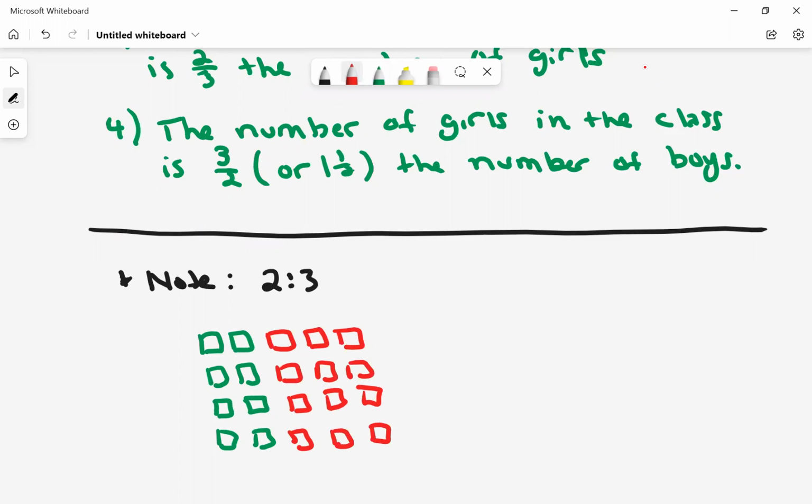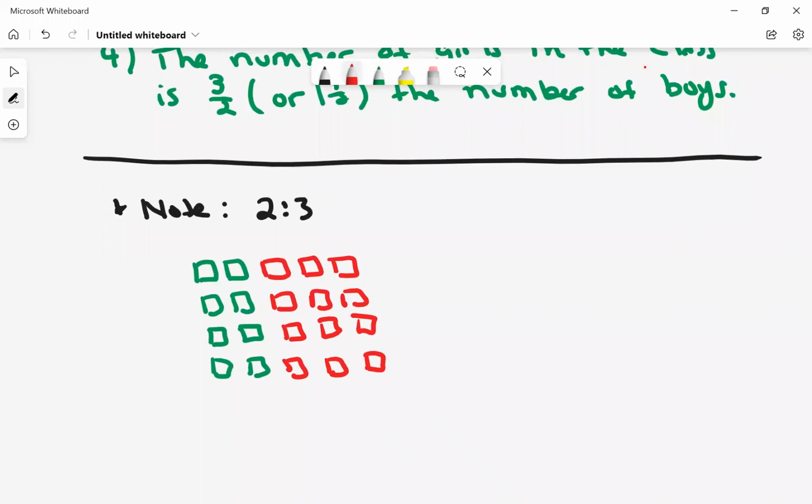So we have 20 students in this class, and our ratio has grown to be 8-to-12. But 8/12, if we think of it as a fraction, does in fact reduce to 2/3.